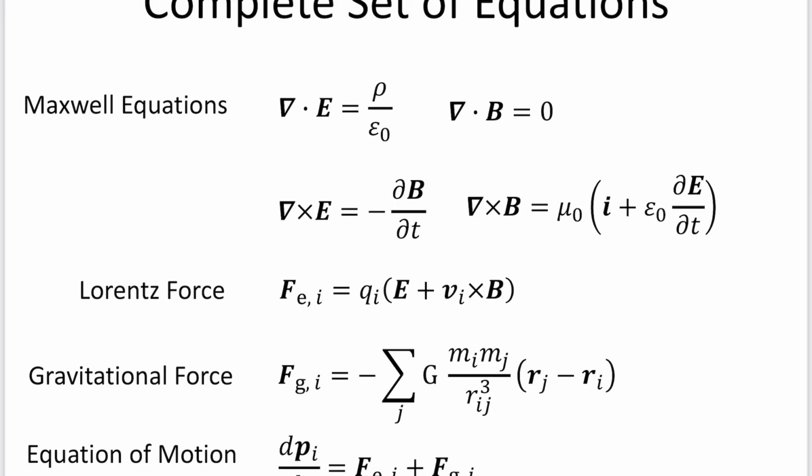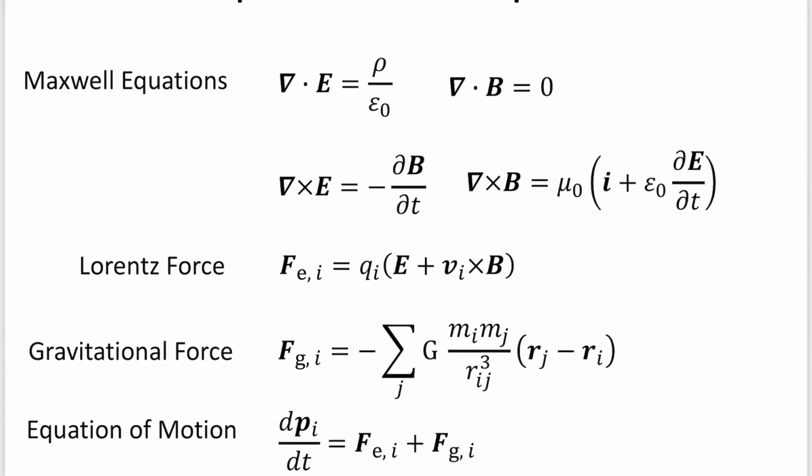I'd like to show you the complete set of equations in classical physics. In this lecture series, I derived Maxwell's equations, these four equations: Gauss's law for the electric field, Gauss's law for the magnetic field, Faraday's law, and Ampere's law.